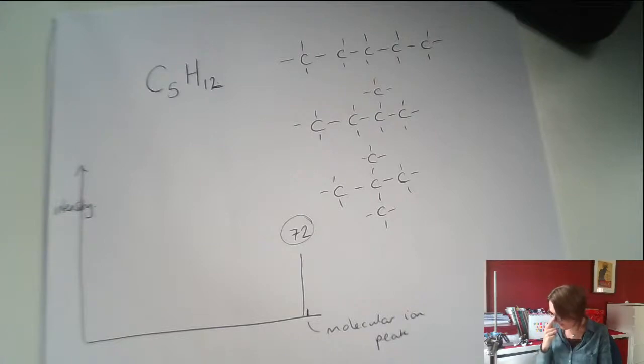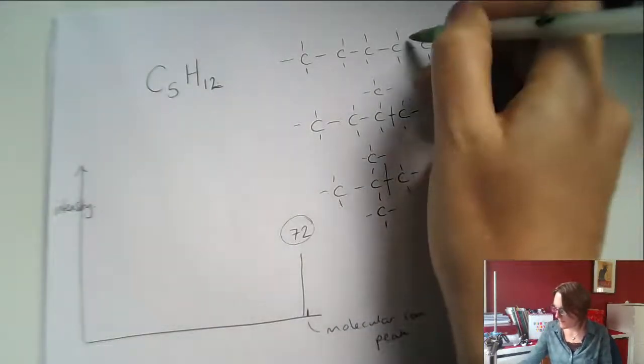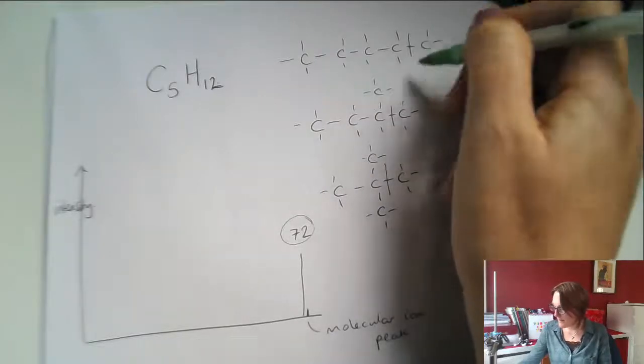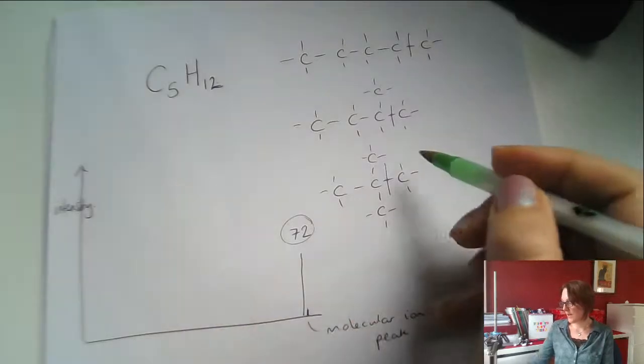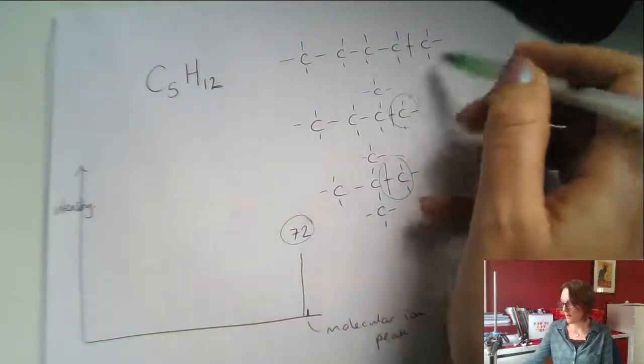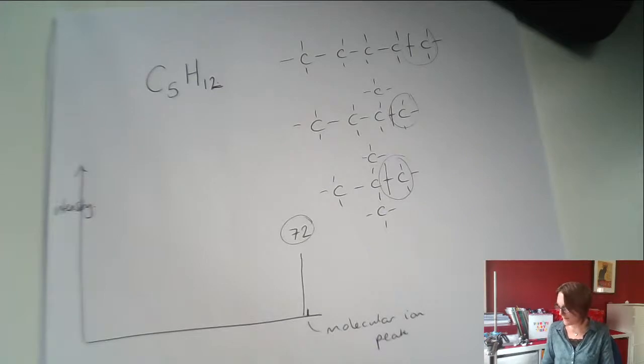So I can cut these molecules in different places, and many of them are going to have the same peaks. Many of them, for example, are going to lose CH3. They can all lose a methyl group. That's not overly useful. And I've just put my calculator away, so now I'm going to be doing this in my head.